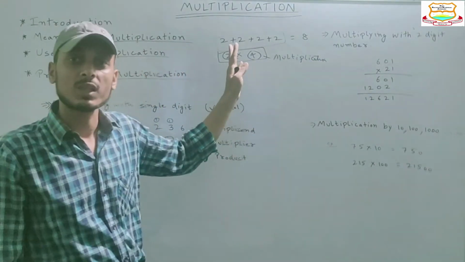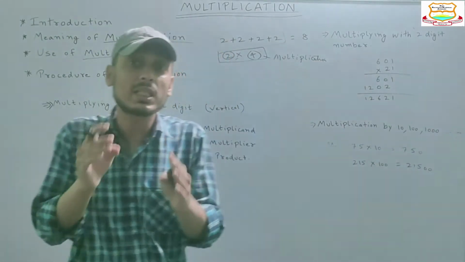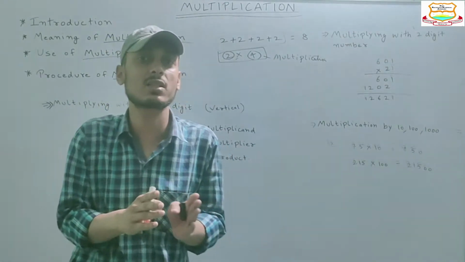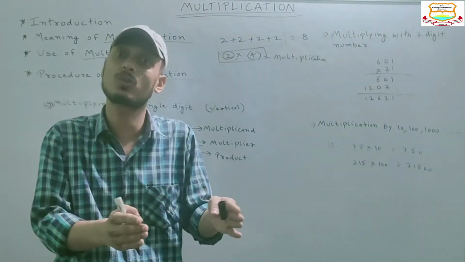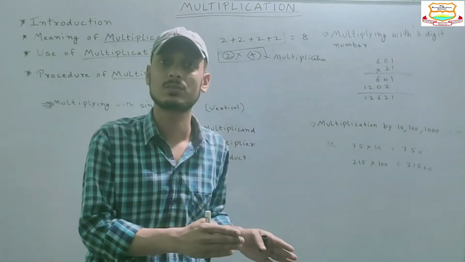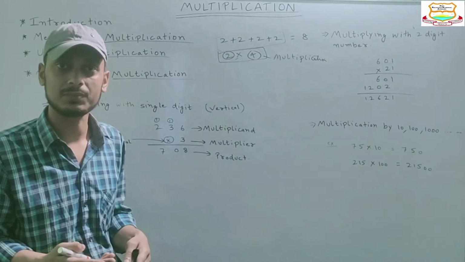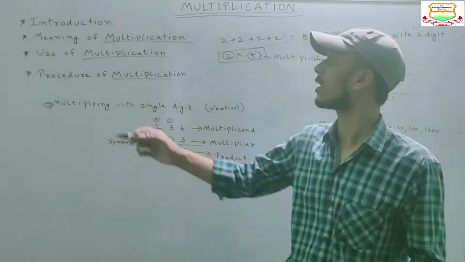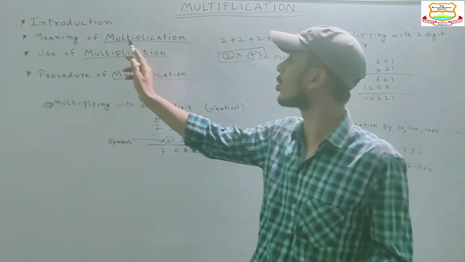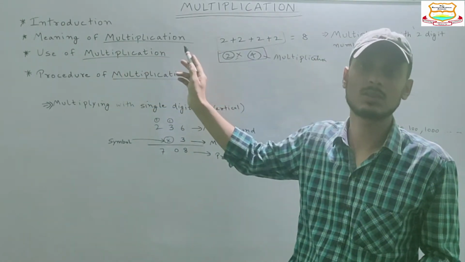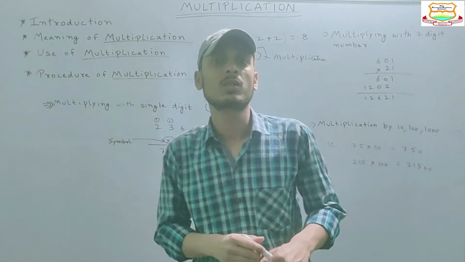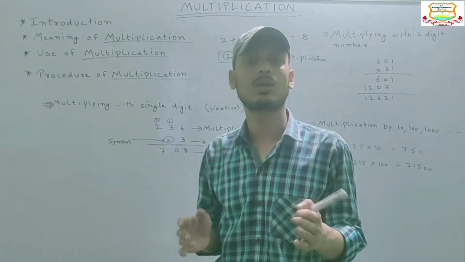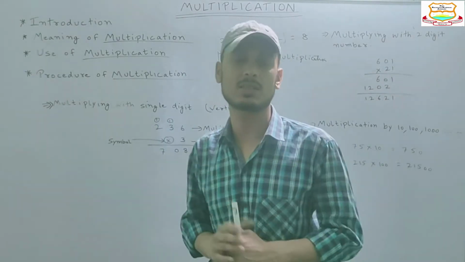From here we can see multiplication is a new form of addition. It is nothing new. It is another form of addition, repeated addition you can say. So have you understood? Yes. Then I have explained you the meaning of multiplication. Again I am repeating: multiplication is the repeated addition of some particular digits.